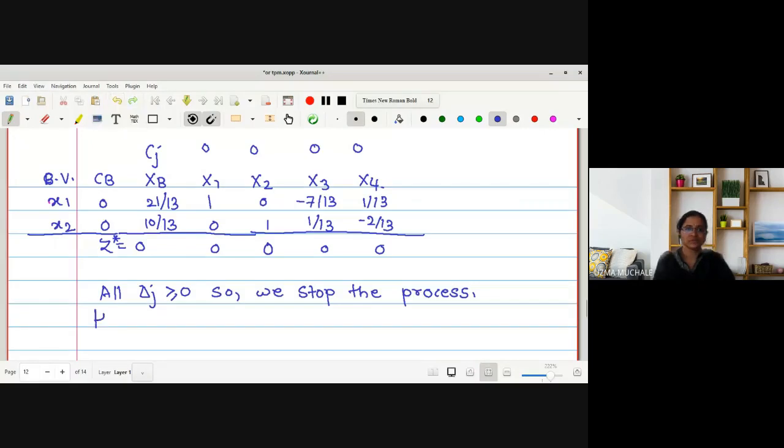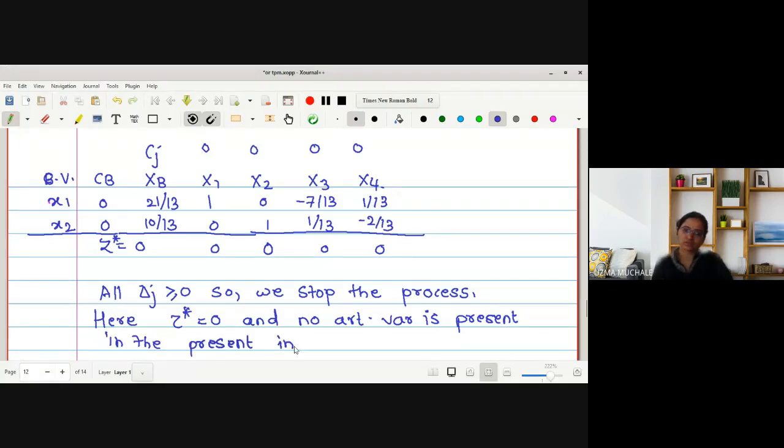Here Z star is equal to 0 and no artificial variable is present in the basis. Proceed to phase 2. Okay, understood phase 2?